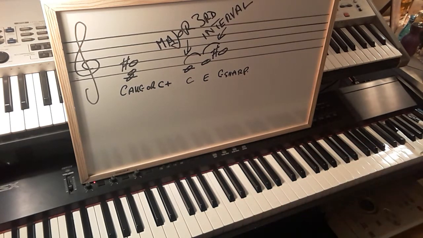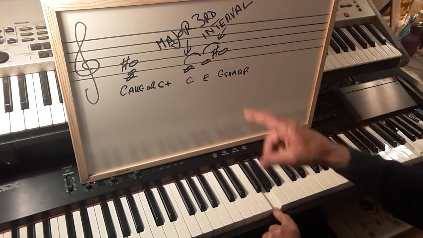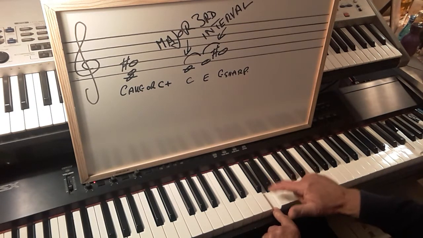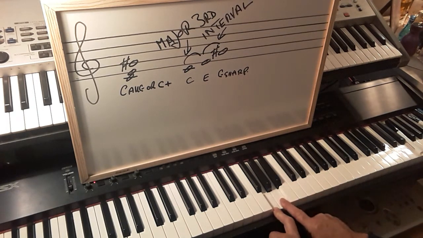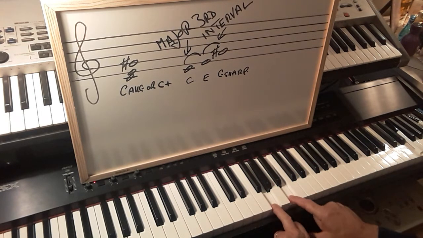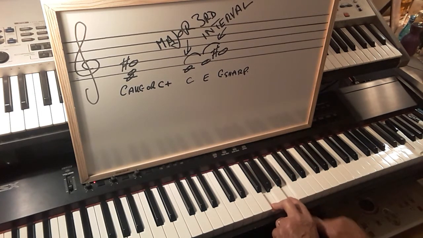If we start on the note G, if I come back down here, start on the note G. Now the next note we want is two tones away. So from G to A is a tone, and from A to B is a tone. So that's the note that we want, okay?